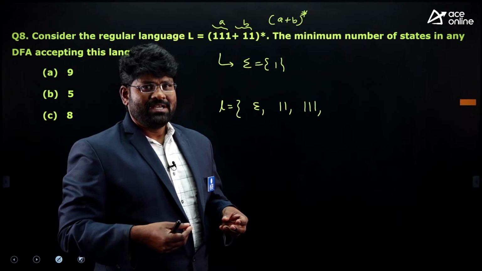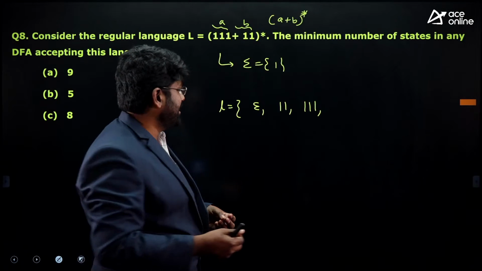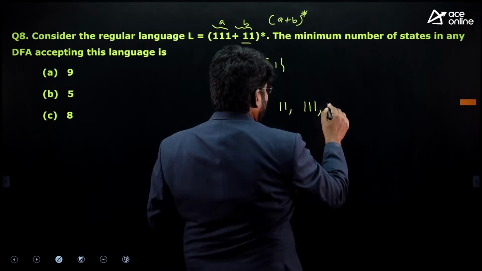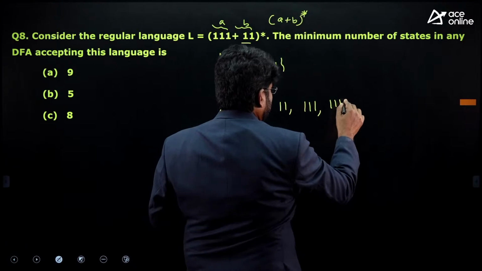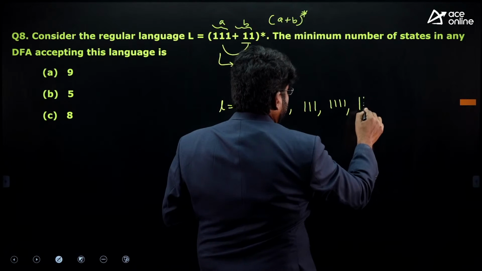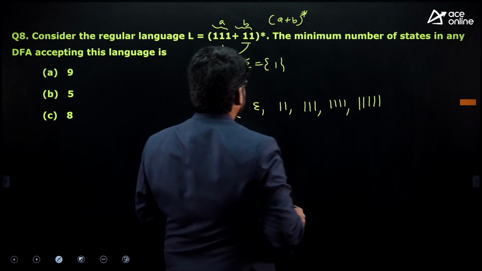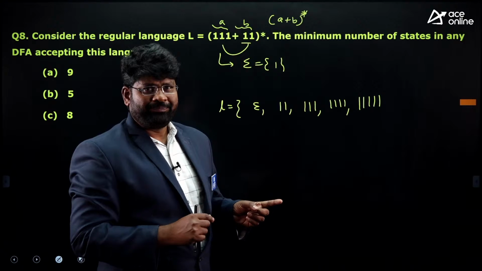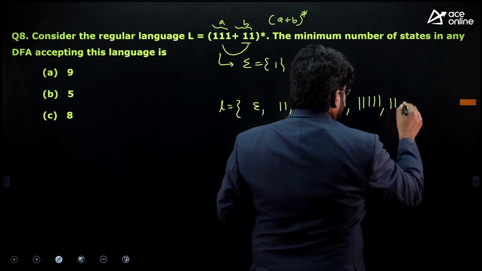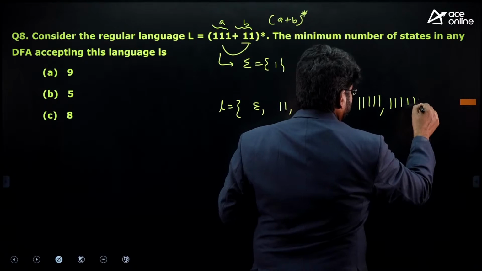Thinking in a similar manner, if you take this as ab and write it 2 times, you will get 4 ones. If you write this one and this one, you will get 5 ones. If you write ba, or if I write aa, I'll get 6 ones, and so on.